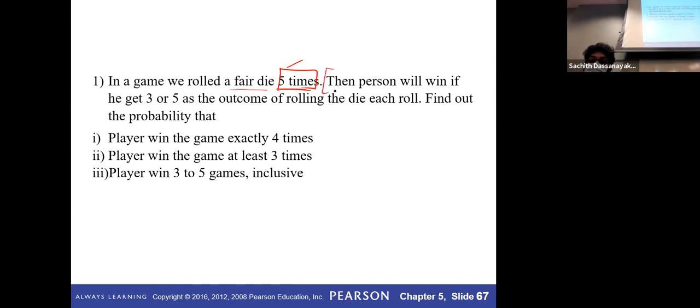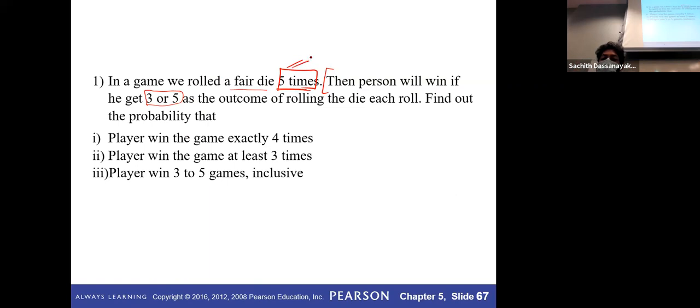A person will win if he gets 3 or 5. Otherwise, fail, like success or fail. Although we have 6 outcomes when we roll a die, in this particular case we have only 2 outcomes, right? Either success or failure based on this definition.